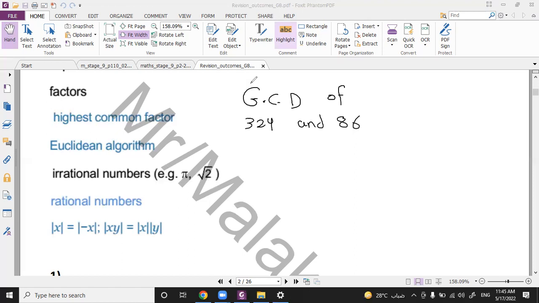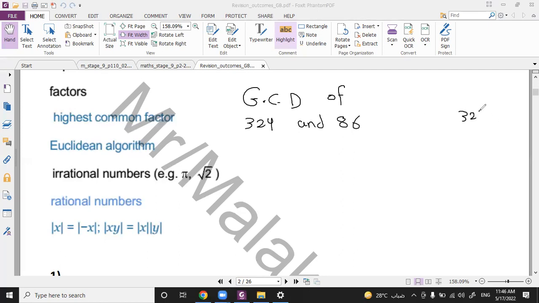Raise your hand if you know what is the GCD of 324 and 86. Okay, Layan, tell me the steps we should follow to find the GCD, greatest common divisor.